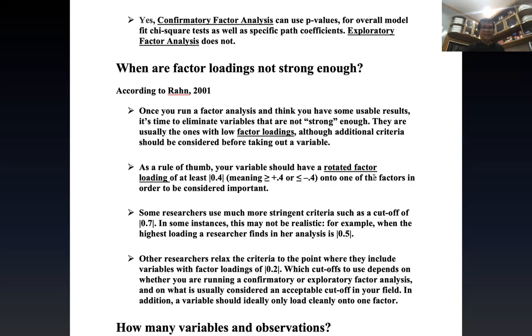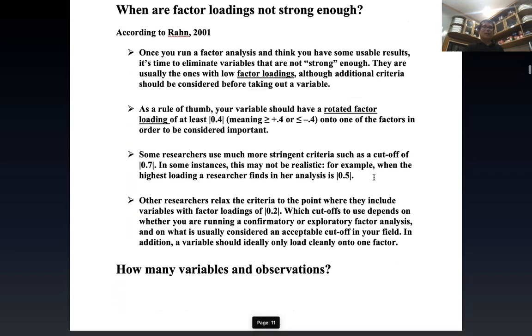In some instances, this may not be realistic, for example, when the highest loading a researcher finds in the analysis is an absolute value of 0.5. Other researchers relax the criteria to the point where they include variables with factor loadings of absolute value 0.2.